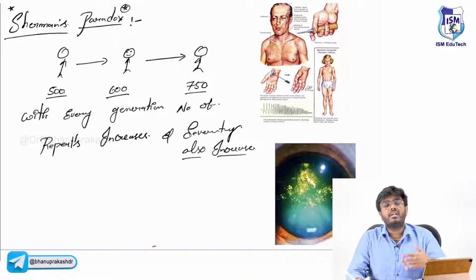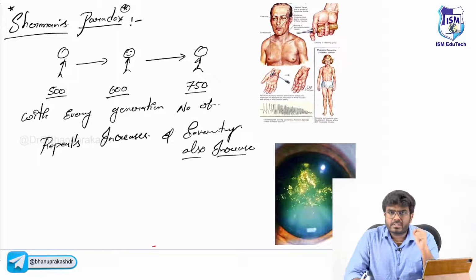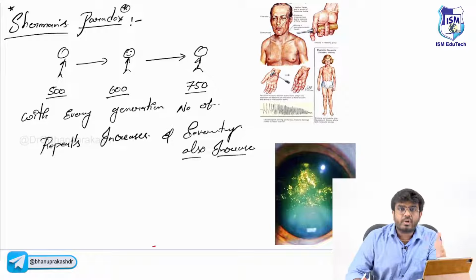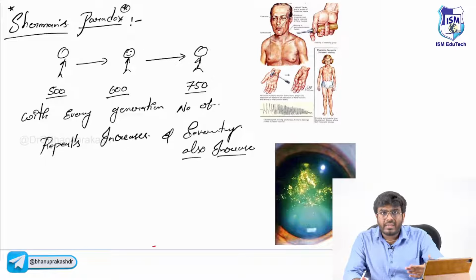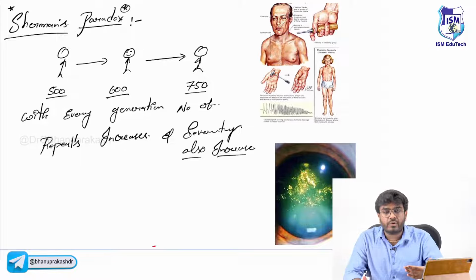Okay, so severity also increases, and you can expect, for example, if the father has manifested the disease at 30 years of age, you can anticipate that the son who is having the same disease will develop the disease by 25 years, because the number of repeats is going to increase and the severity of the disease is going to increase.